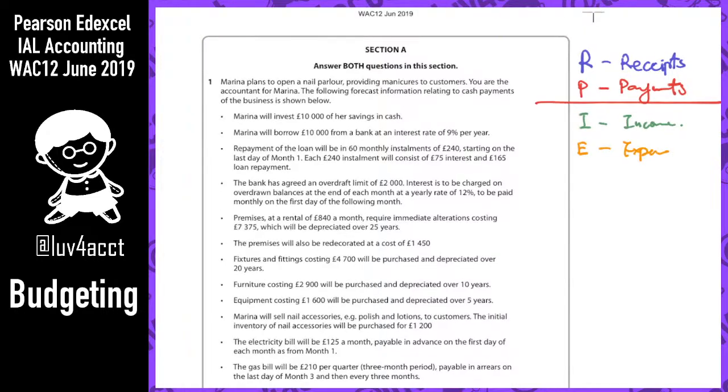So let's start reading this question. We have this new business owner, Marina, who plans to open a new parlor providing manicures to customers. You are the accountant of Marina and you are given the following forecast relating to cash payments of the business as shown below.